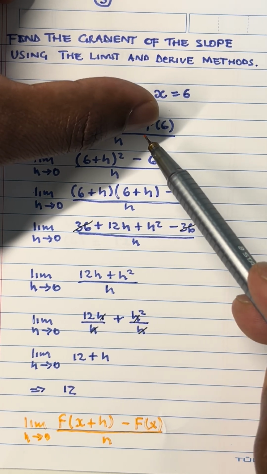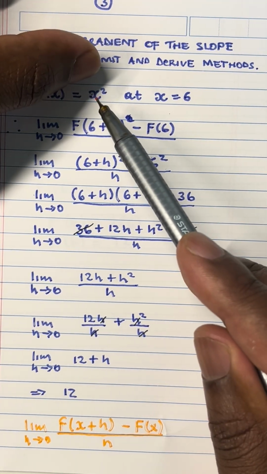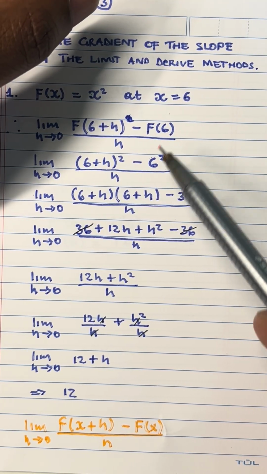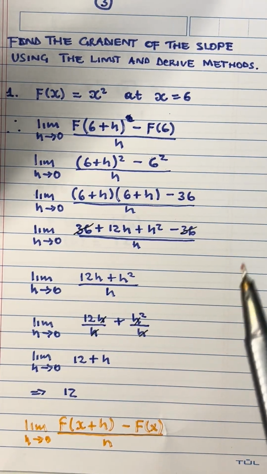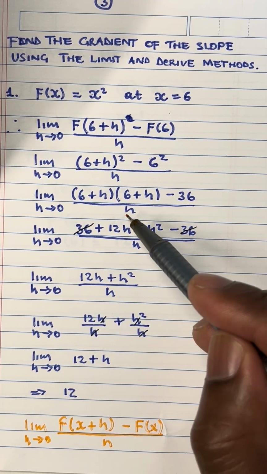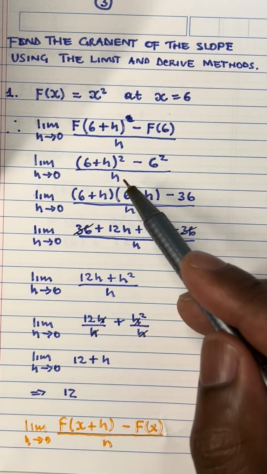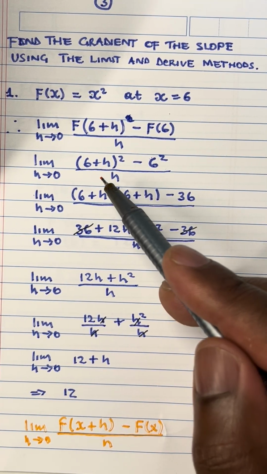Now on this one, we get rid of the f, and we're still going to square it. We'll square the 6 over there. I don't know if you understood that. And then we leave the h as it is.